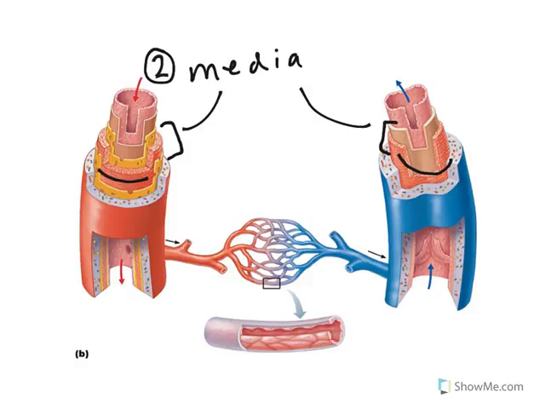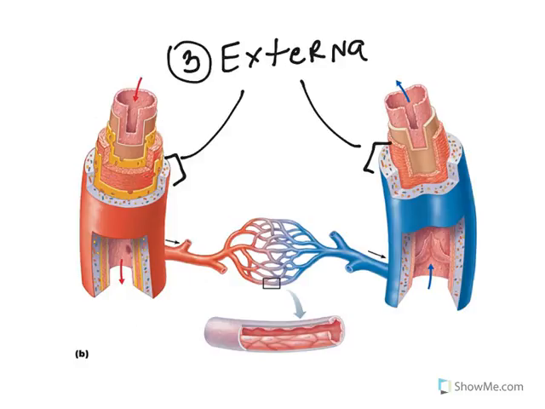But remember that this is going to be important for your vasospasms, so your vasoconstriction and vasodilation. Constriction decreases the diameter, and dilation increases the diameter of the center of the blood vessel. It is the largest layer, responsible for maintaining blood flow, and also it's responsible for blood pressure, specifically in the artery. This is the layer that makes changes for blood pressure.